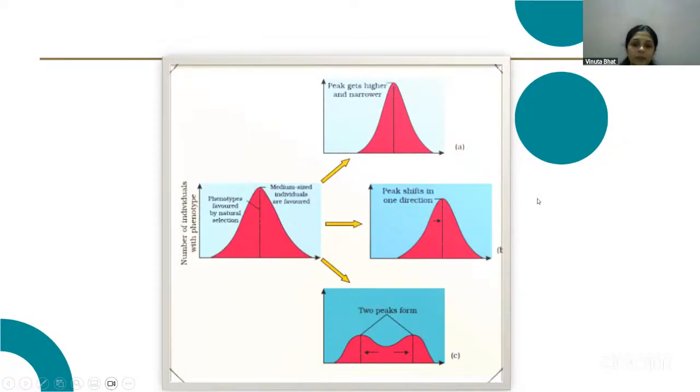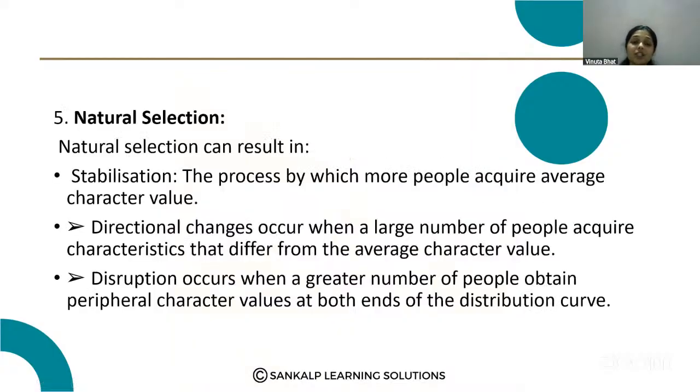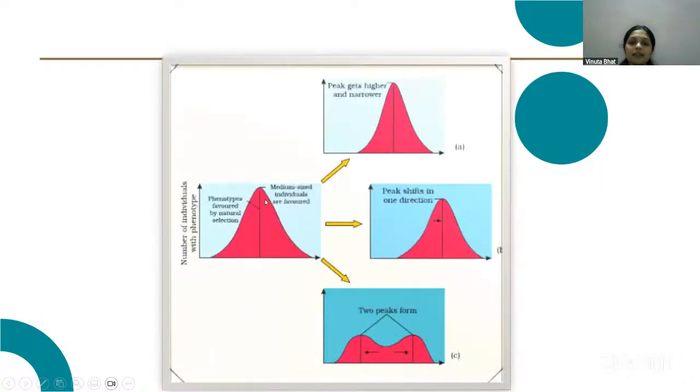Then directional changes occur when a large number of people acquire characteristics that differ from the average character value. So here it is less than the average character value.